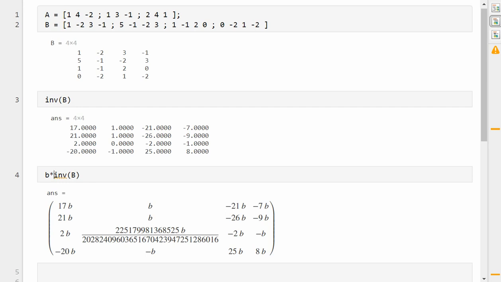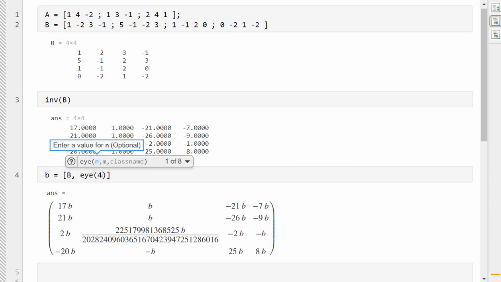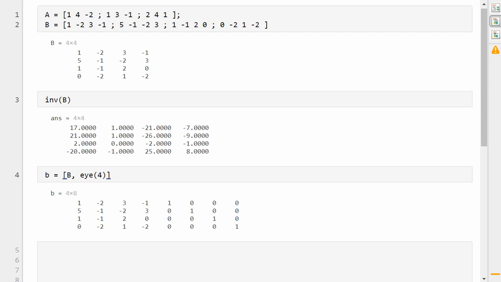That's interesting. But we know what the inverse matrix is, and we also know that we can row reduce. So let me do the augmented matrix of B with the identity matrix. This is a 4x4, so I need the 4x4 identity.